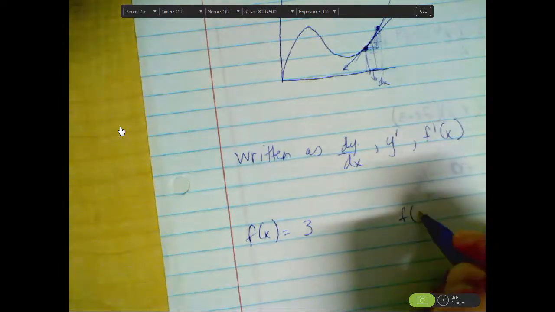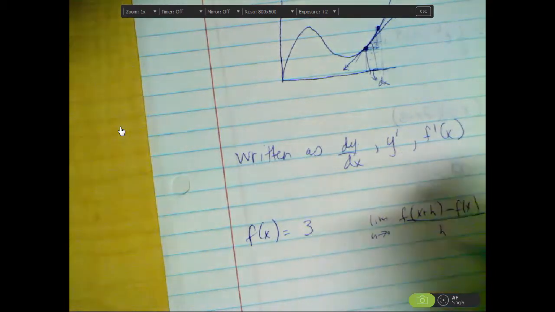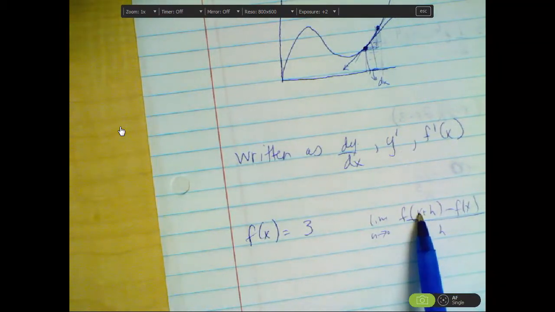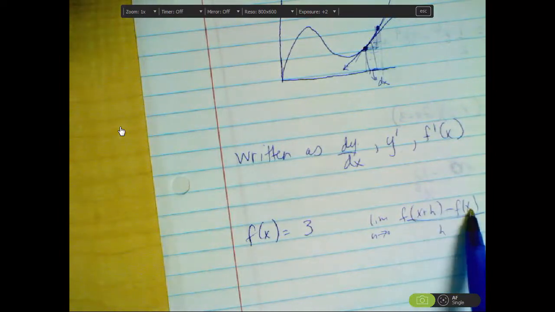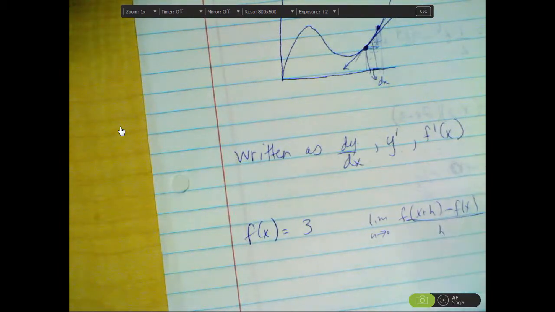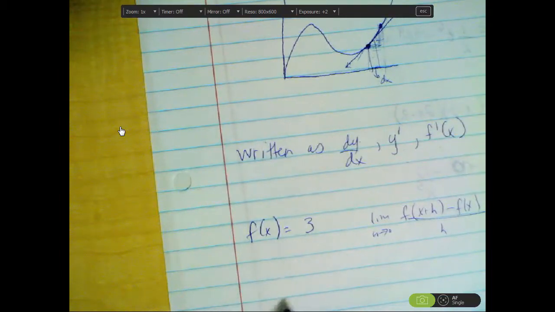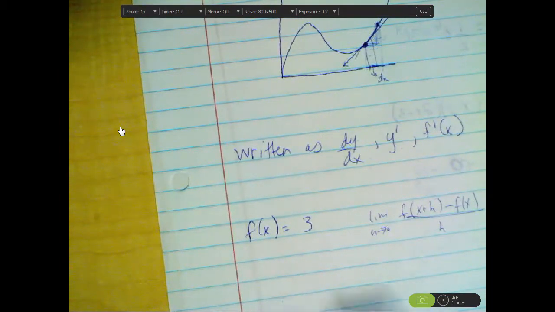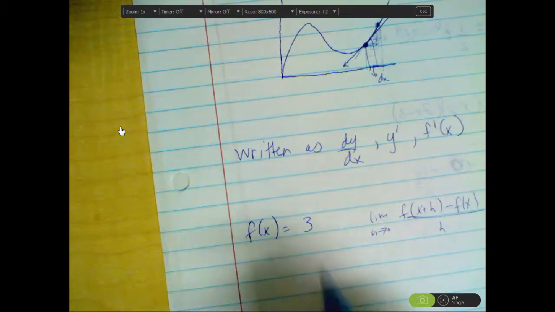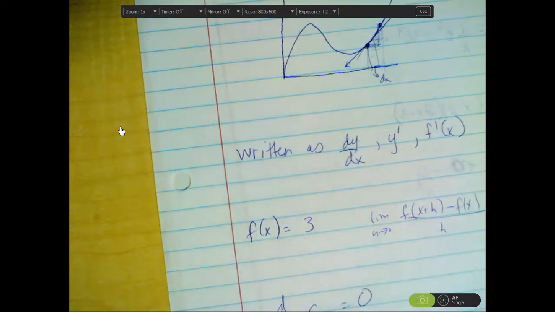So f of x plus h minus f of x all over h, limit as h approaches 0, it would just be f of 3 minus f of 3 all over 0. You get the idea. The answer would be 0, because you're just talking about a horizontal line whose slope is constantly 0. So the first derivative rule, d dx of a constant, is 0.